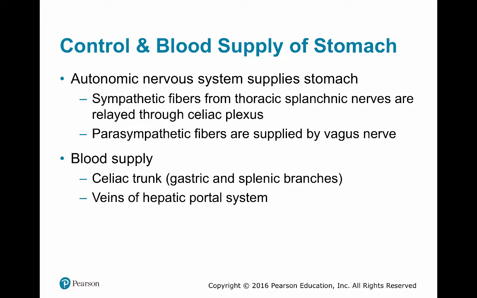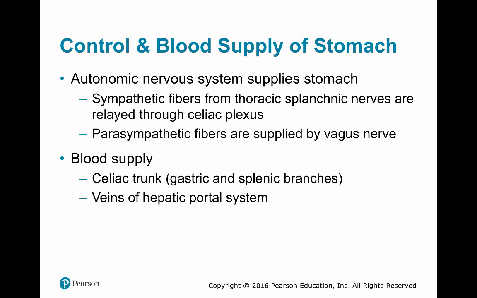Parasympathetic fibers are supplied by the vagus nerve, if we're going to start or stop digestion. And the blood supply to the stomach essentially comes from the celiac trunk, that's the gastric and splenic branches.